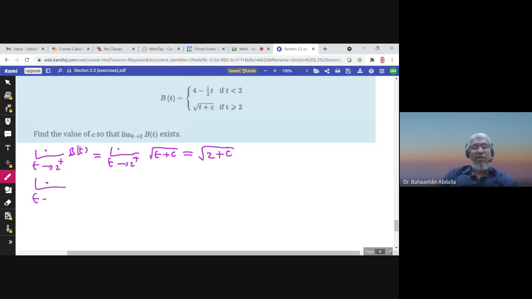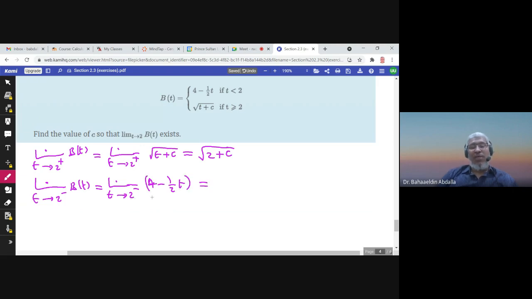To find the limit from the left of b of t, we will use numbers less than 2. Less than 2 means the definition of the function is 4 minus half t.